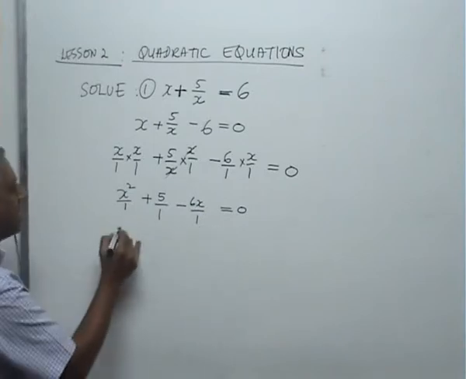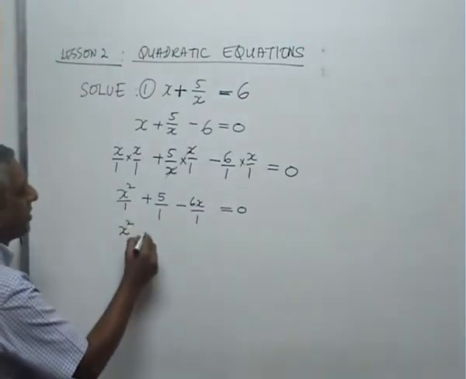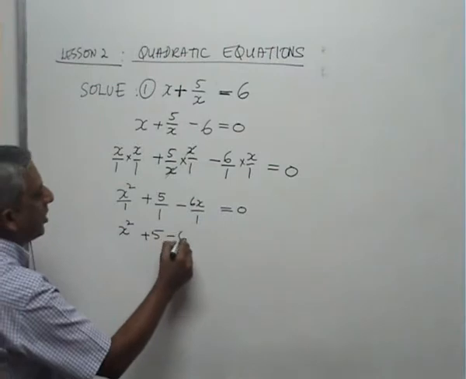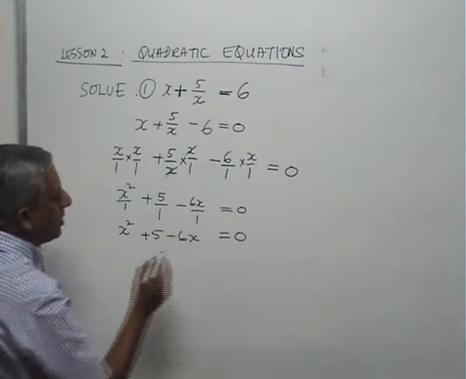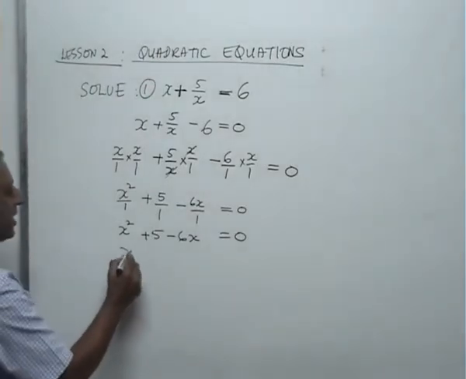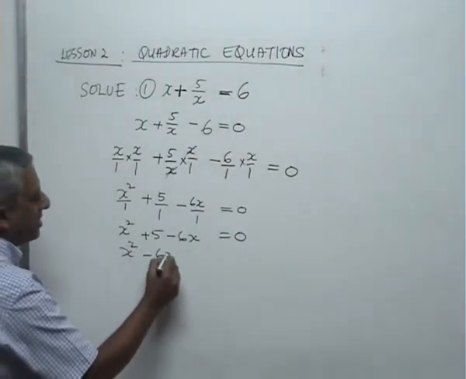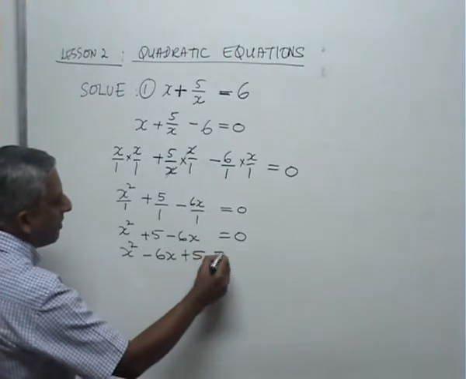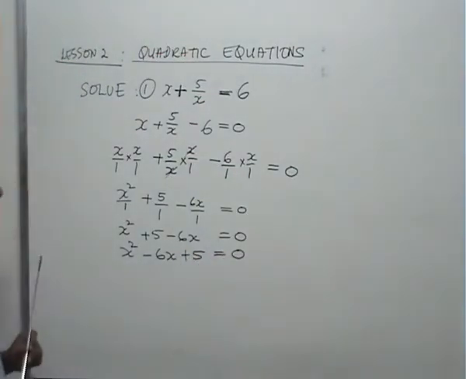Now you don't need these ones. So it's x squared plus 5 minus 6x is equal to 0. And now when you look at this, you realize it's better to arrange it like this: x squared minus 6x plus 5 is equal to 0. So you rearrange it.